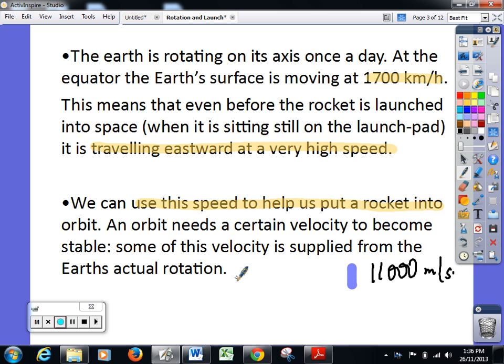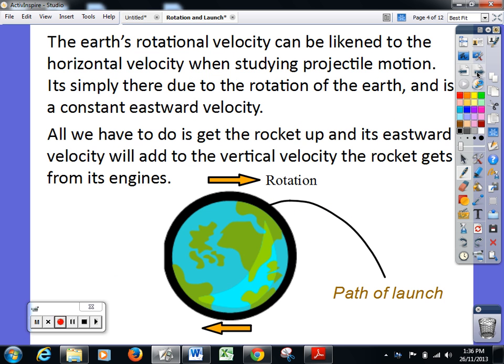And for just normal day-to-day orbits, they're approximately in the order of 7,000 metres per second, 7 kilometres per second. So these are very high speeds to achieve. So we're going to take advantage of the fact that we're already partway there because the Earth is rotating.